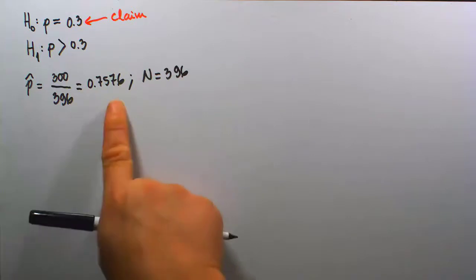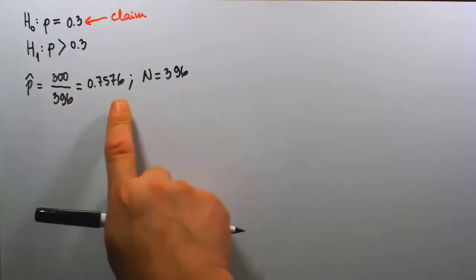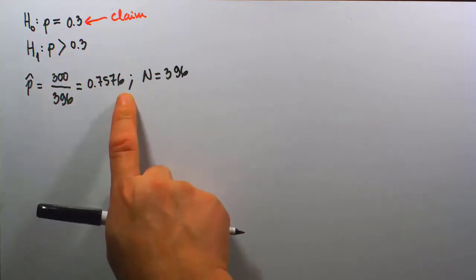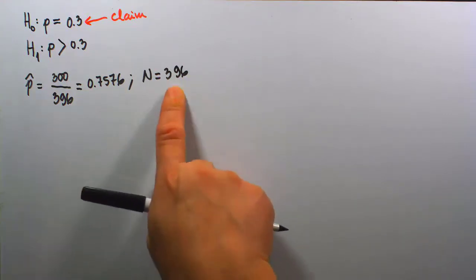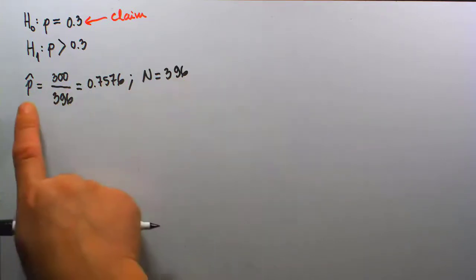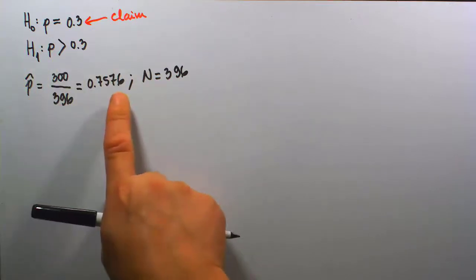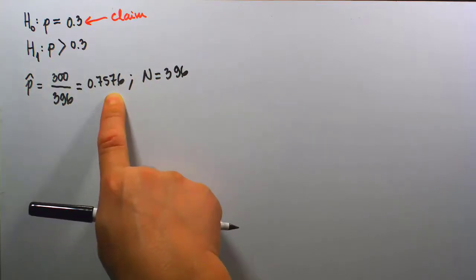So in this context, we're looking at the sample proportion value. At sample size 396, we have seen this idea so many times before. There should be infinitely many other sample proportion values out there. So our sample value here is not the only one.